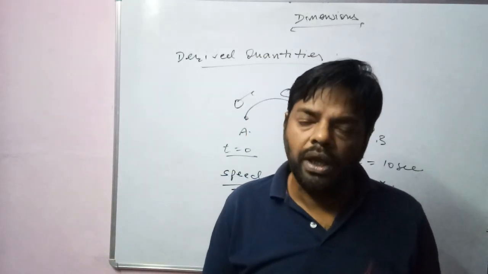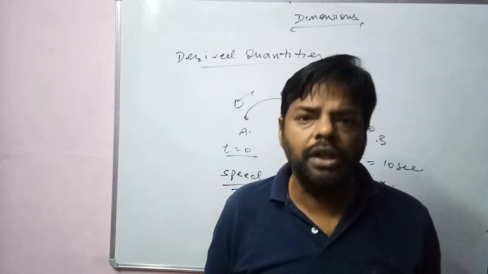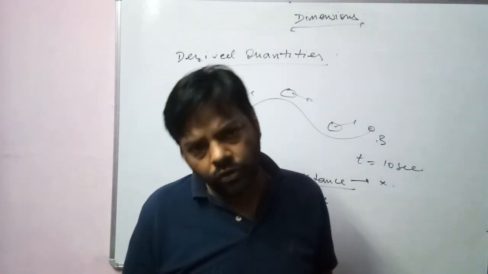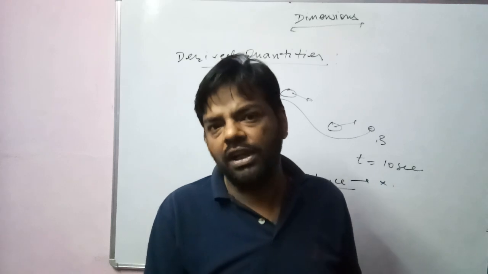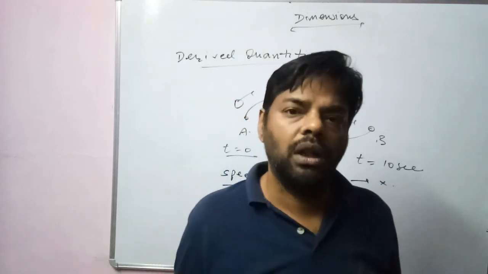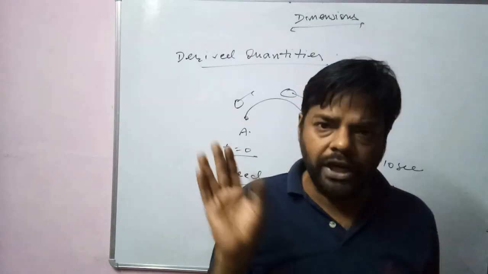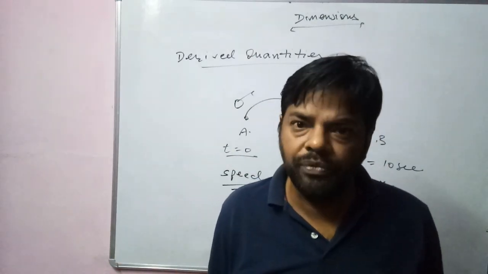Speed, or the calculation of speed, depends on the distance covered by the body and the time interval. If both of them are provided in the data, then we can calculate the speed of the body easily. If any one of the two, the distance covered or the time interval, is not provided in the data, then we are not able to calculate the speed of the body.